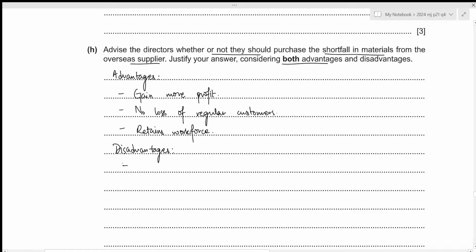The very first thing we can question is, since we are considering a new supplier, we can always question their reliability. So is the overseas supplier reliable? Then the second disadvantage is that we can question the quality of the materials as well. So will the quality of materials be maintained?